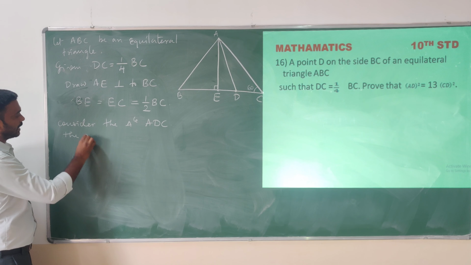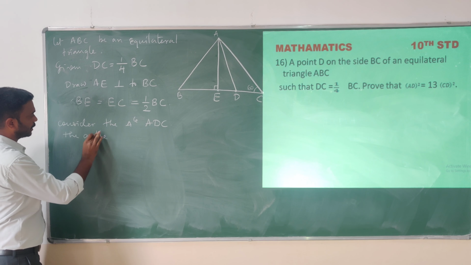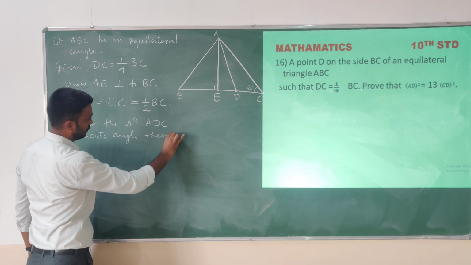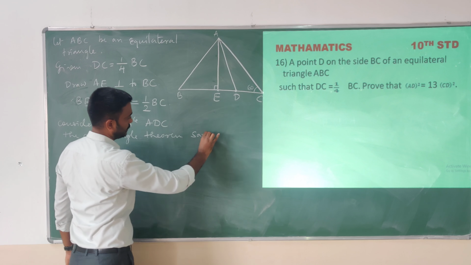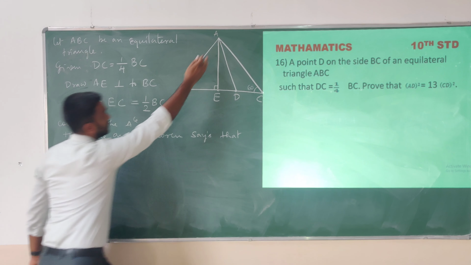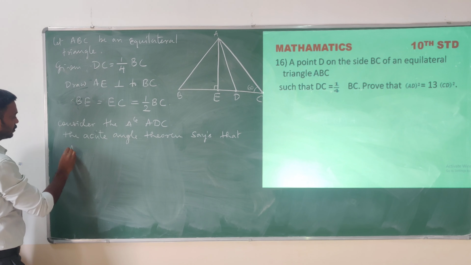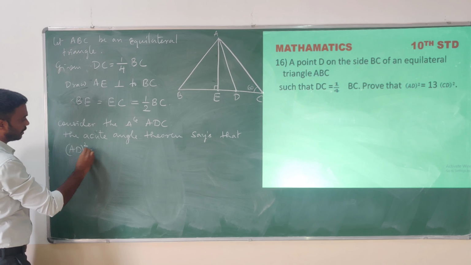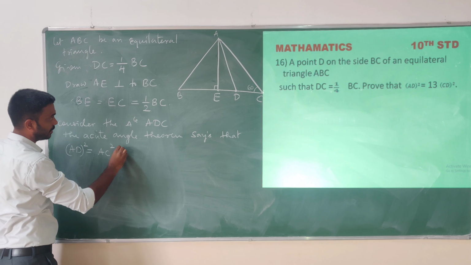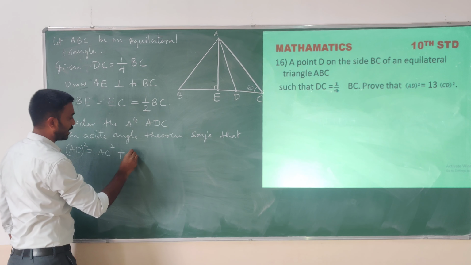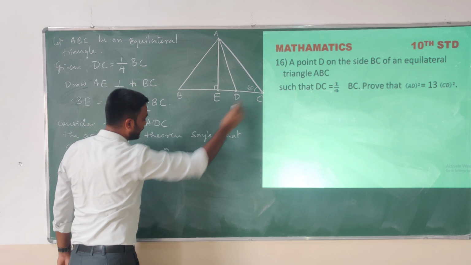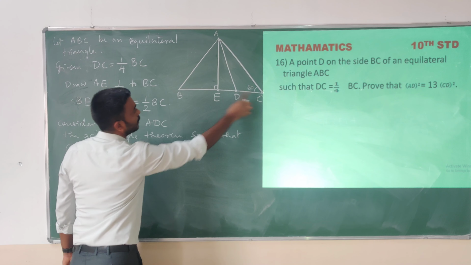The acute angle theorem says that this side AD square is equal to the side AC square plus DC square minus 2 times DC into EC.